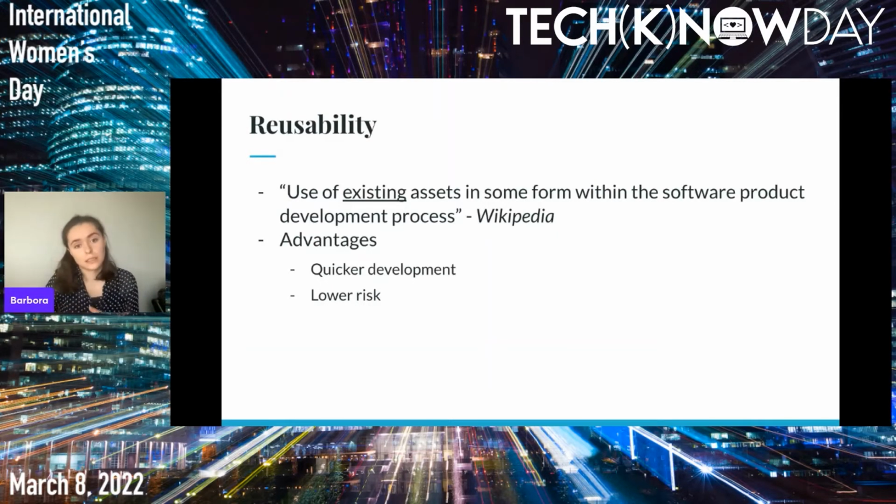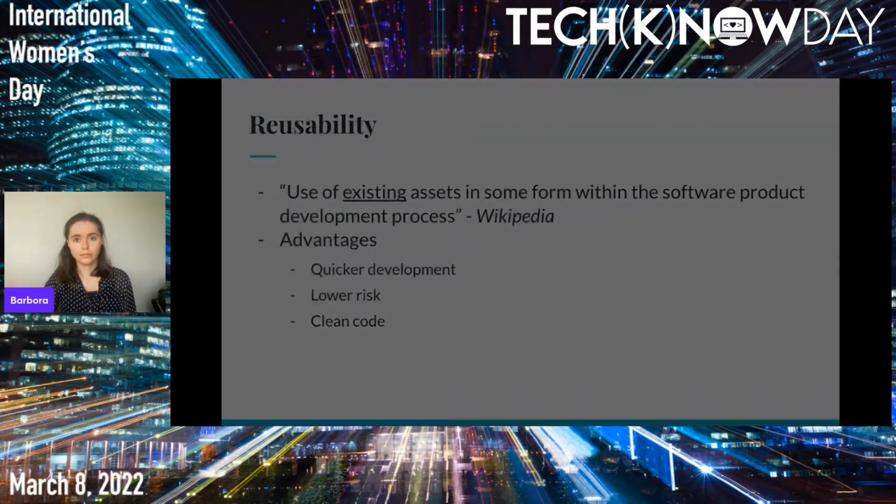This means that we can have a lot more confidence that the components which we're building on top of are really robust, and we don't have to worry as much about missing an edge case.